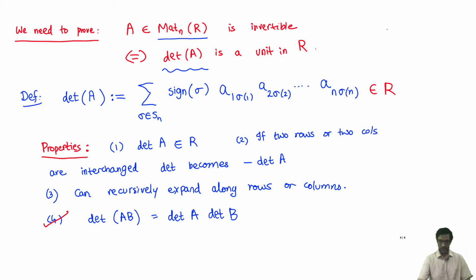Okay, so let's go back to what we want to prove. We really want to say that the determinant is a good way of detecting when a matrix is invertible. If the determinant turns out to be a unit in the underlying ring, then the matrix is invertible, and conversely. So let's prove this statement.